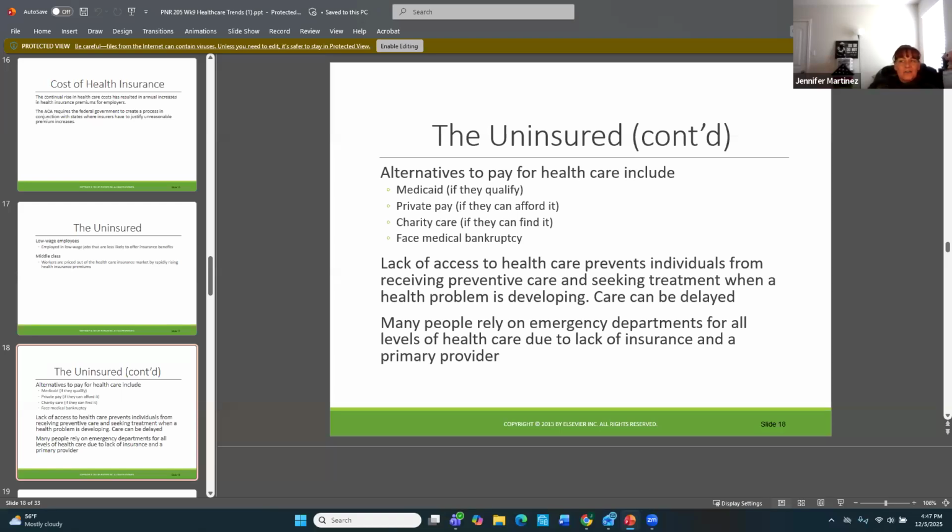So alternatives. Back in 2014, as a result of the Affordable Care Act, citizens and legal residents were required to obtain health insurance or pay a penalty. I don't know if anybody remembers that. But we eliminated that as of 2019.